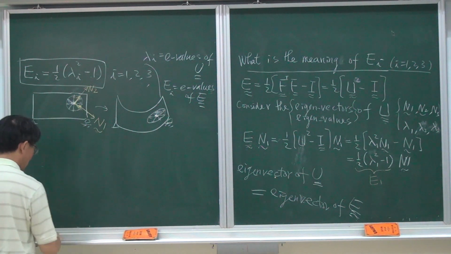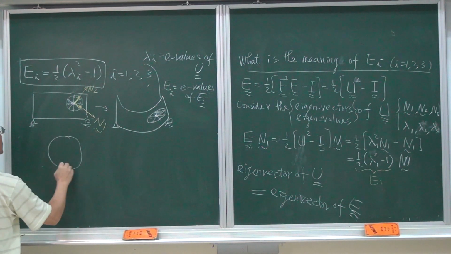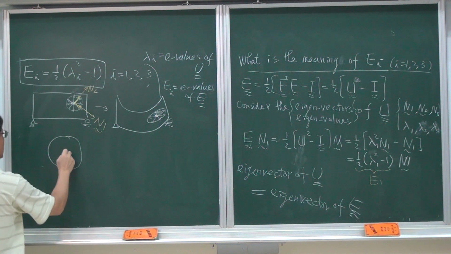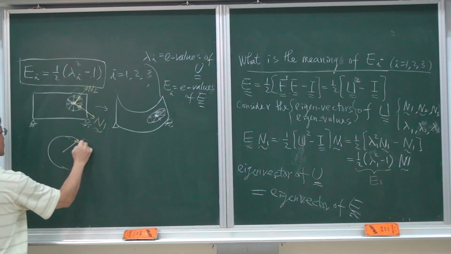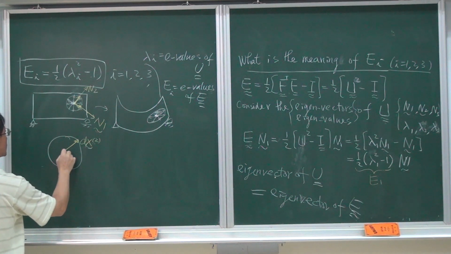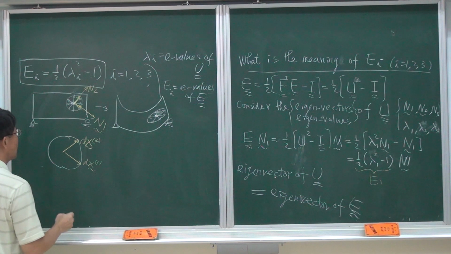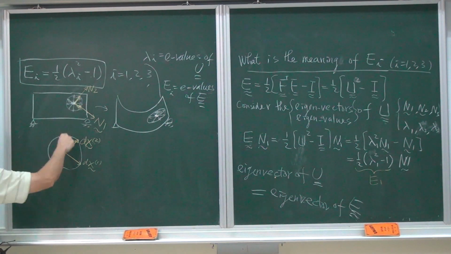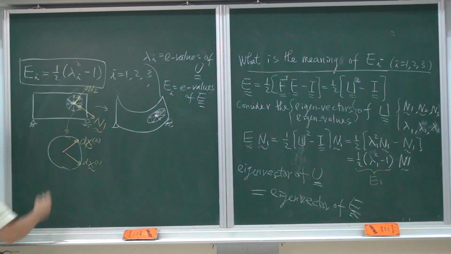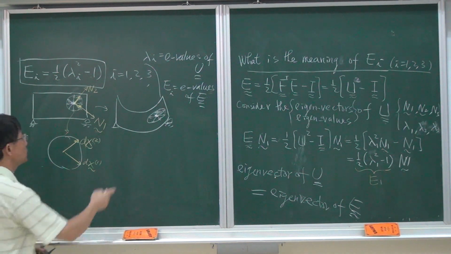This is the material line we consider. Understand? We have two material lines here. Okay, and these two material lines will be deformed into here.